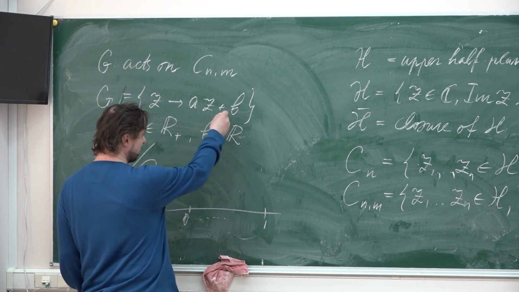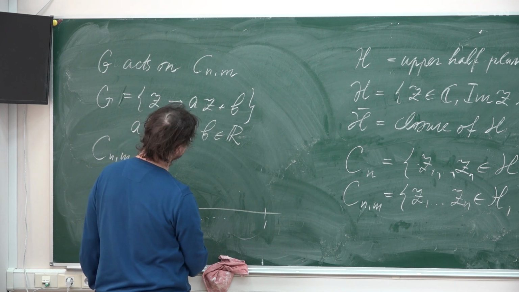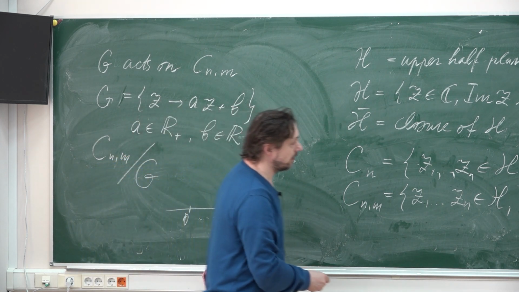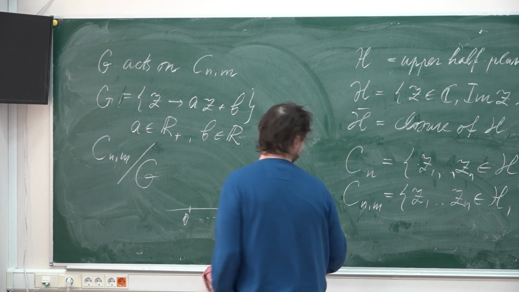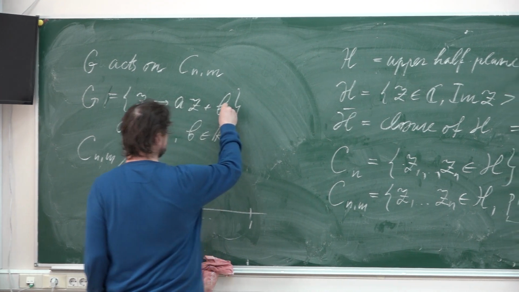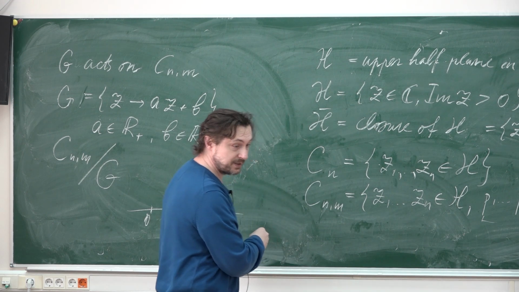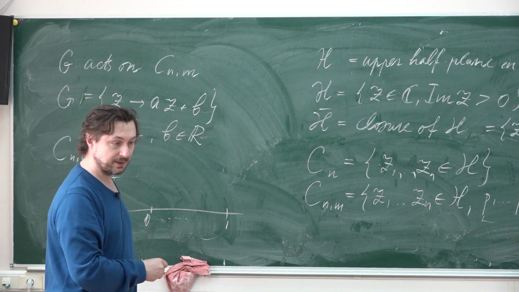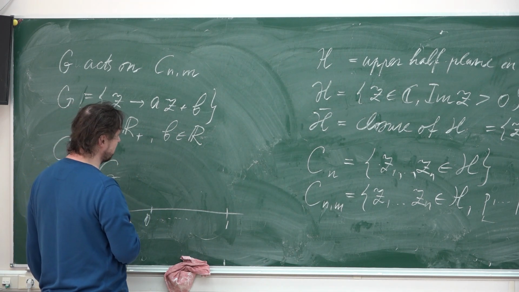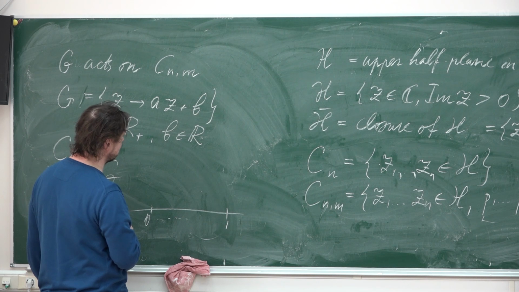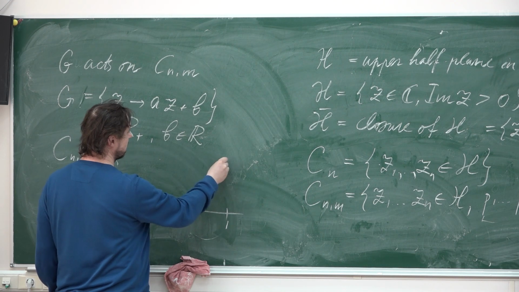I mean, we just renormalize the length of the distance between the first and the last point. And then we use b to shift it to the proper place. But the space is still non-compact. There are two types of non-compactness. One is very natural. It comes from the fact that I still can move the points here to infinity.